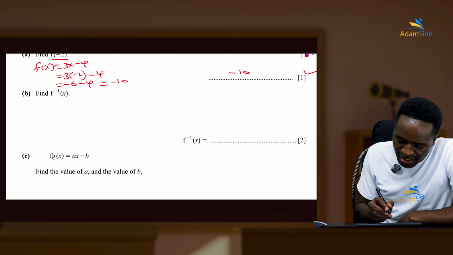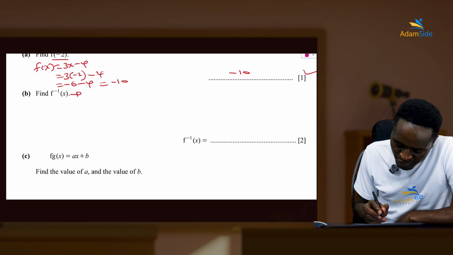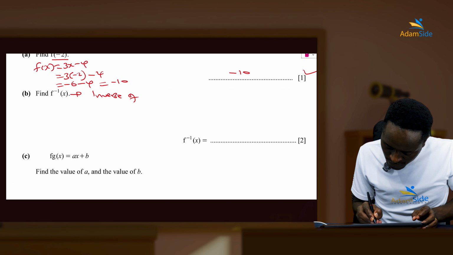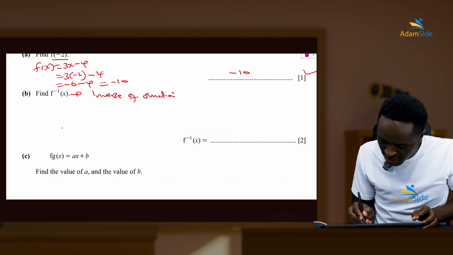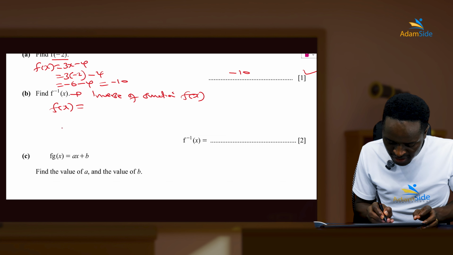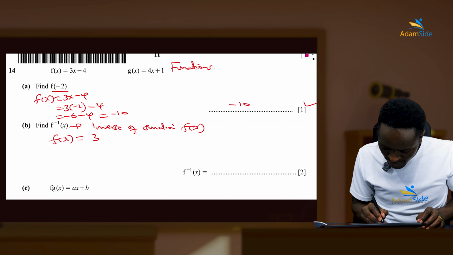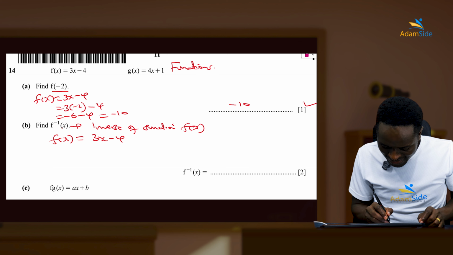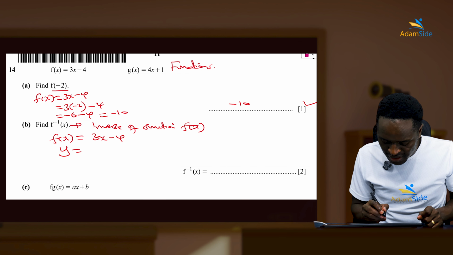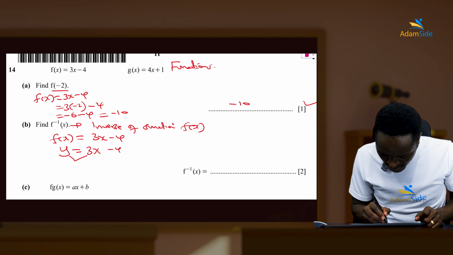You just input. Then this one, you are asked to find the inverse of the function f of x. So what's f of x? f of x is equal to 3x minus 4. Correct. So change f of x to y. They say y equals 3x minus 4. Then swap variables.